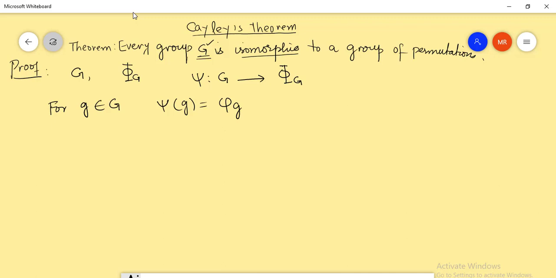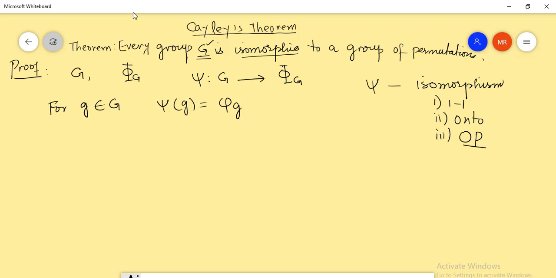Then we prove that this mapping psi is an isomorphism. And for that, we need to prove that this is one-to-one, this is onto, and third, that this mapping is operation preserving.